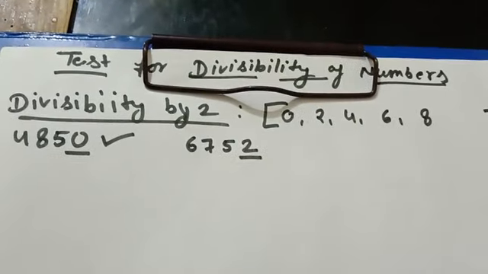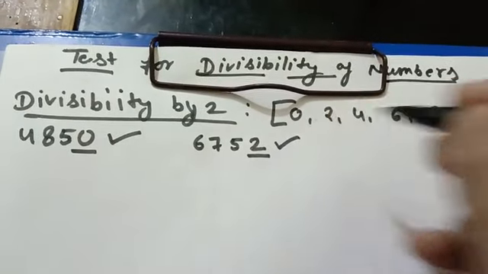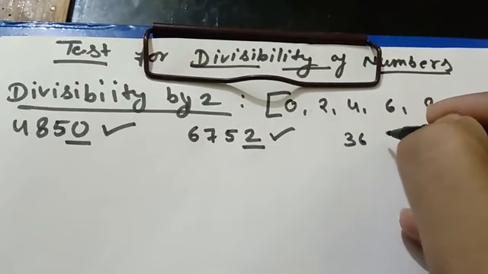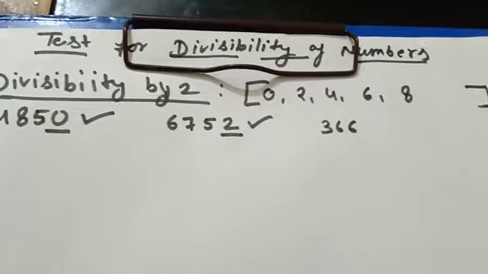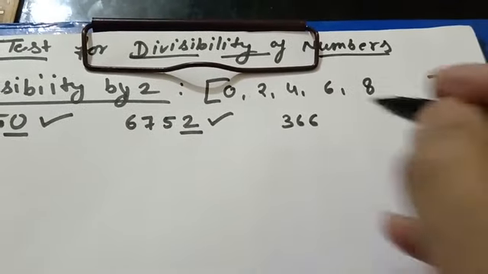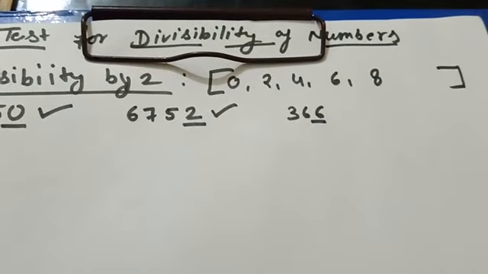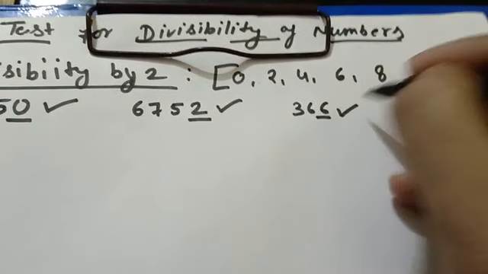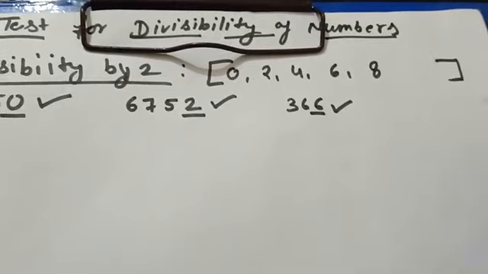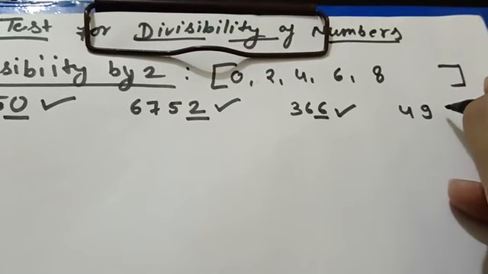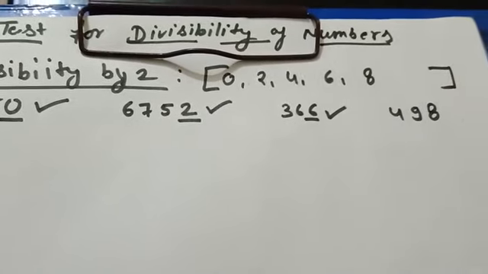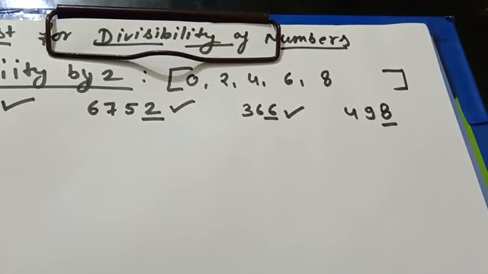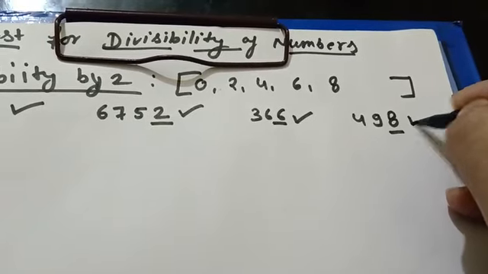This unit place is 2, so this number is also divisible by 2. 366. See the unit place. This is 6, so this number is also divisible by 2. This unit place has 8, so this number is also divisible by 2.